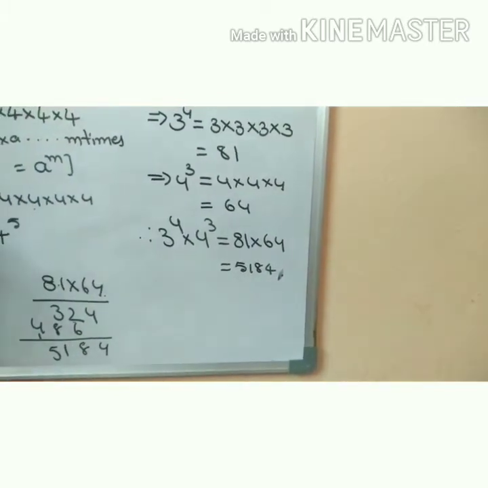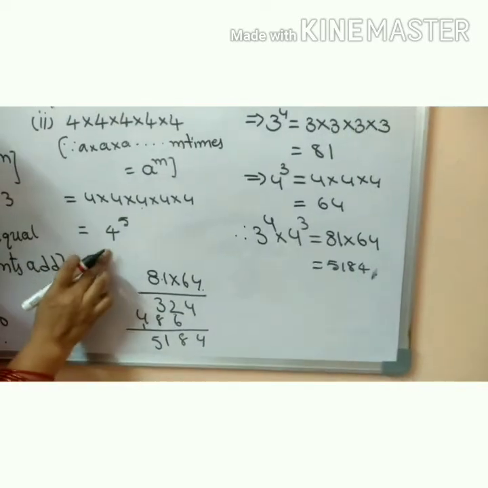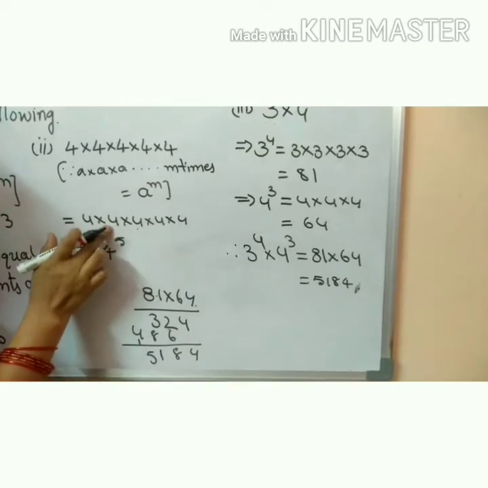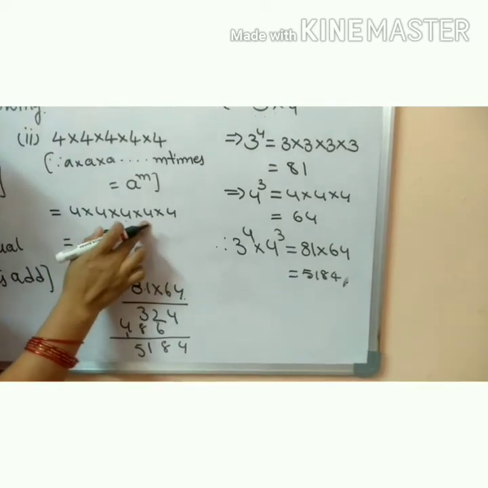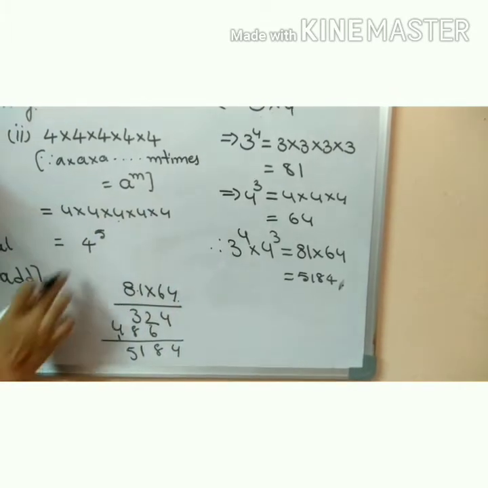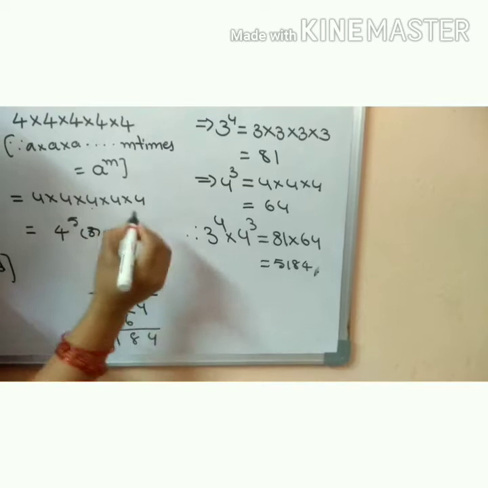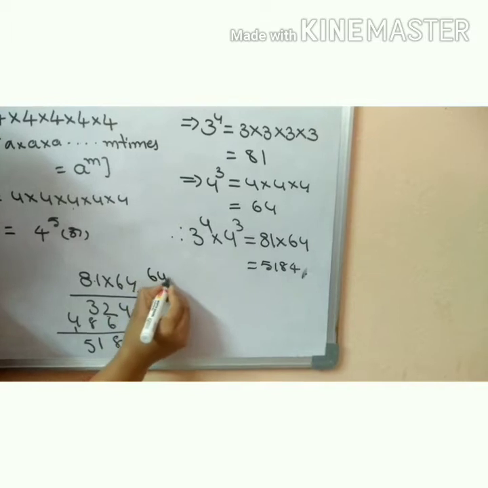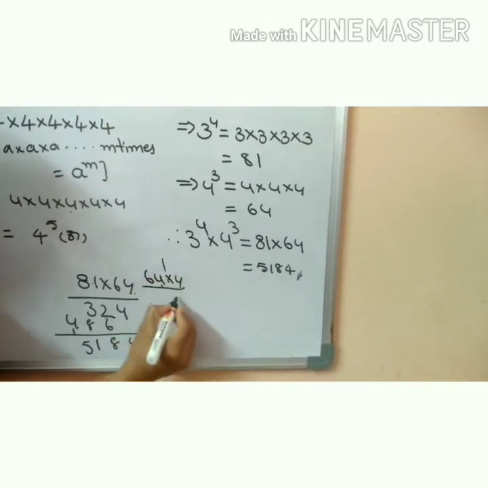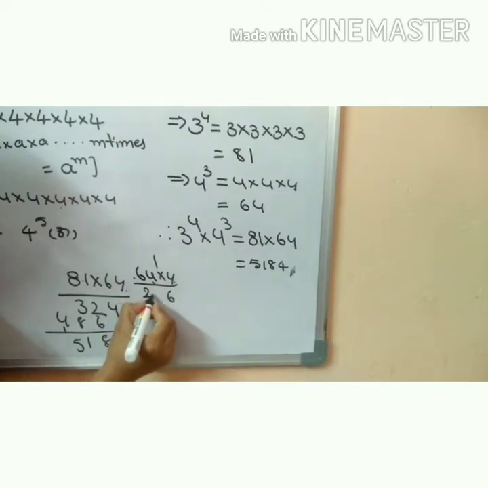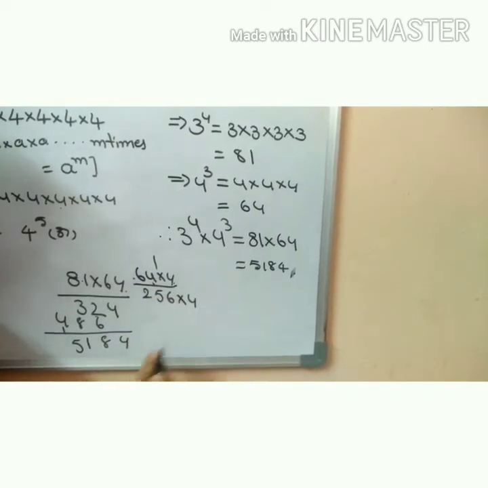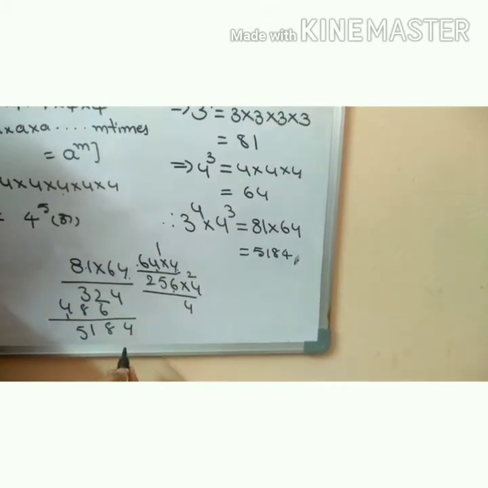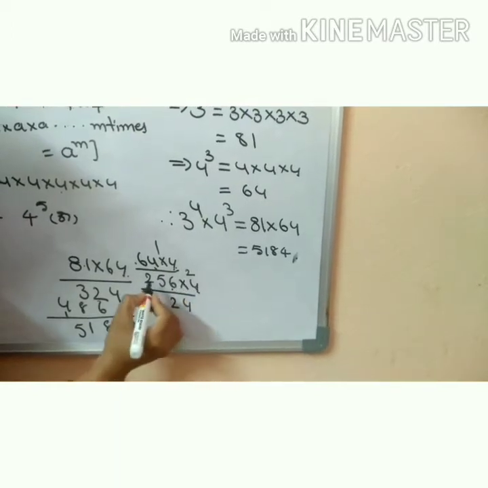The value is 5184. You can also leave the earlier answer as 4 power 5, or simplify to find the value: 4 4s are 16, 16 4s are 64, 64 into 4, 24 plus 1 is 25, 4 5s are 20 plus 2 is 22, 4 2s are 8.